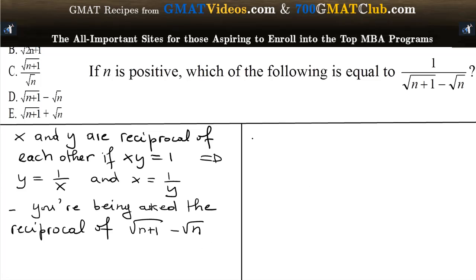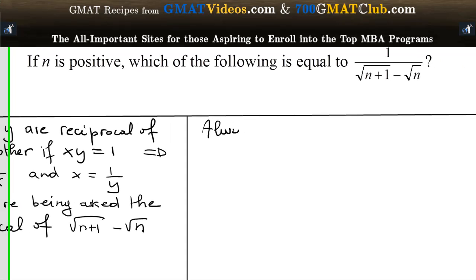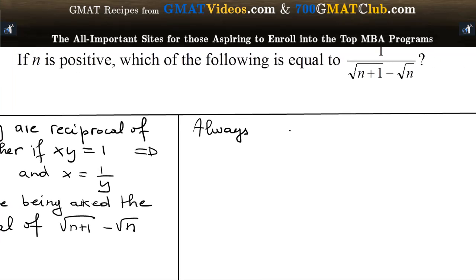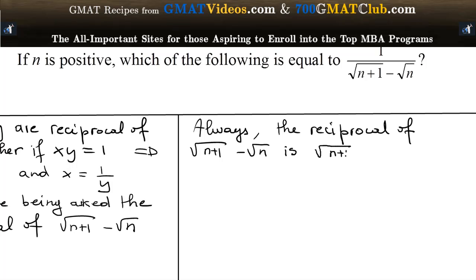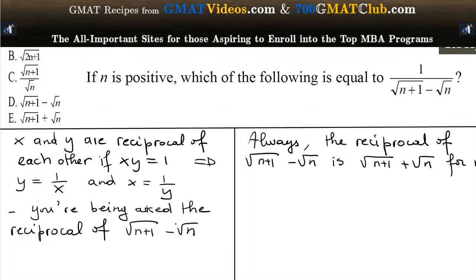So I will say always the reciprocal of root of n plus 1 minus root of n is root of n plus 1 plus root of n for every n that is greater or equal to 0. This is actually for all real numbers greater or equal to 0. N doesn't have to be an integer.